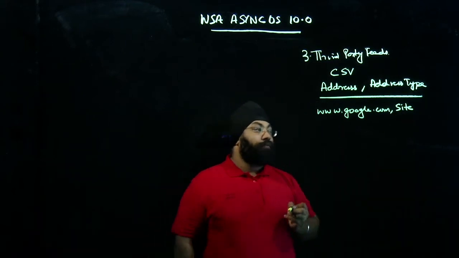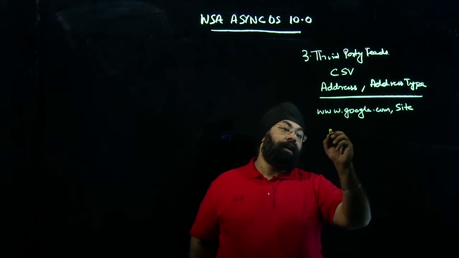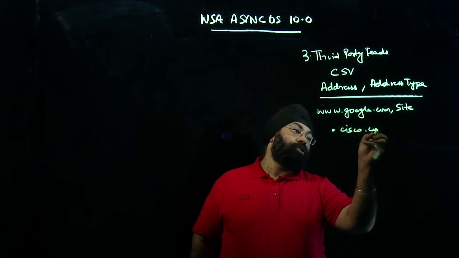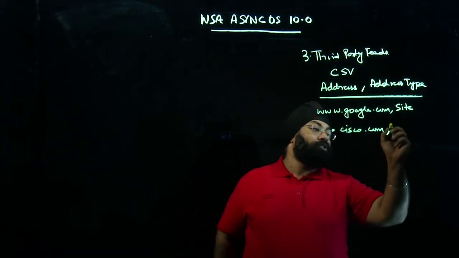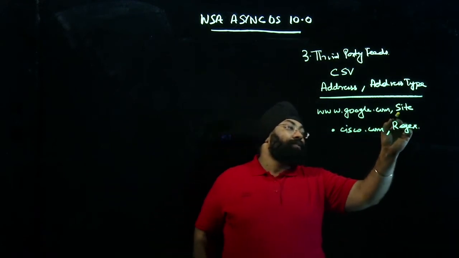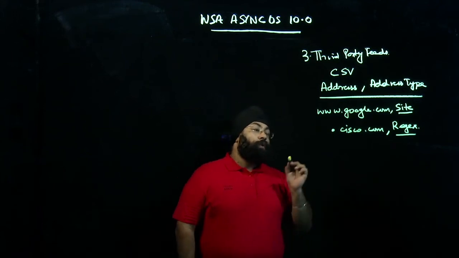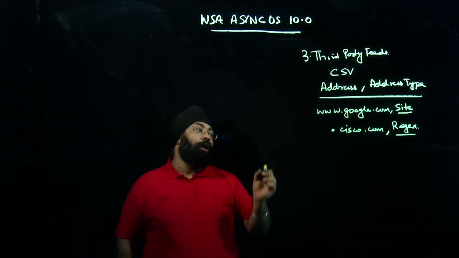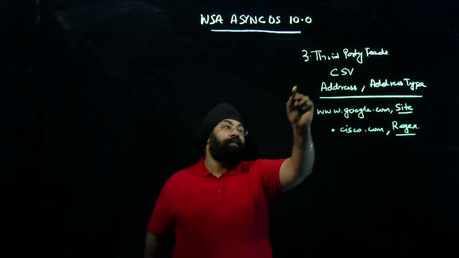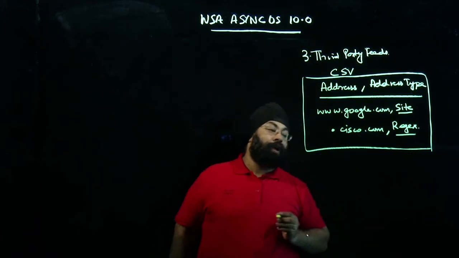Now the other format which we also support is regex. So you can always say, can you just go ahead and block just cisco.com, or allow cisco.com? And that's where you define regex as the format. So these two formats are important, which we call the address type. We want to make sure that whenever you are exporting or importing these specific feeds, they are in the right format. And this format has to be followed to get these feeds.